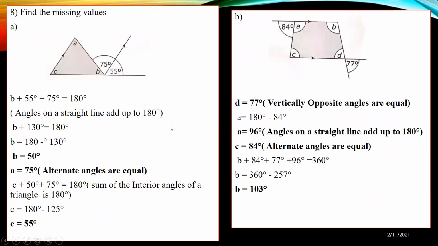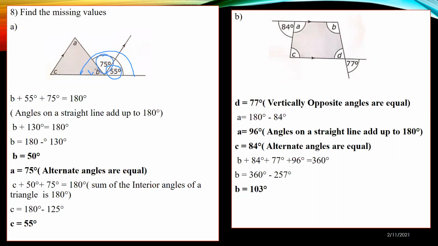The 8th question, find the missing values. According to this diagram, you have to find the value of A, B, and C. I'm going to start with B. According to the theory, I can take angles on a straight line. Angles on a straight line add up to 180. So here I know it's 55 degrees and here it's 75 degrees.